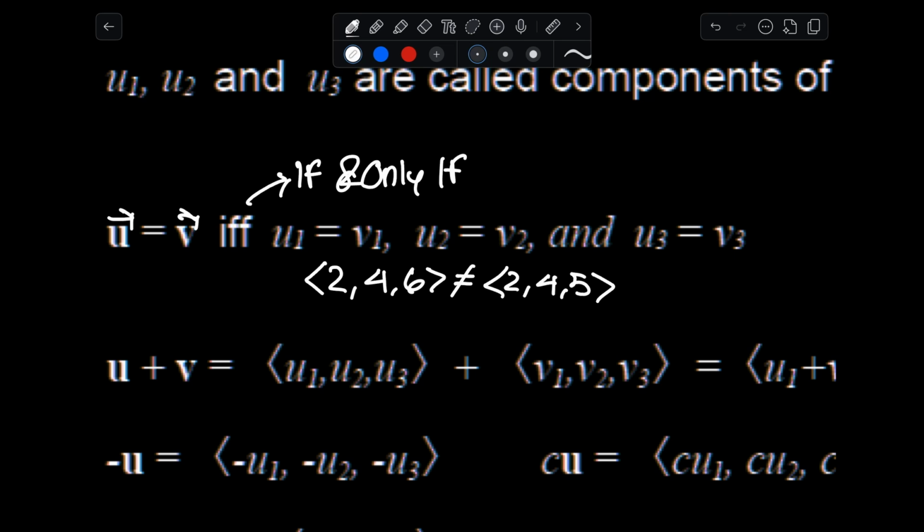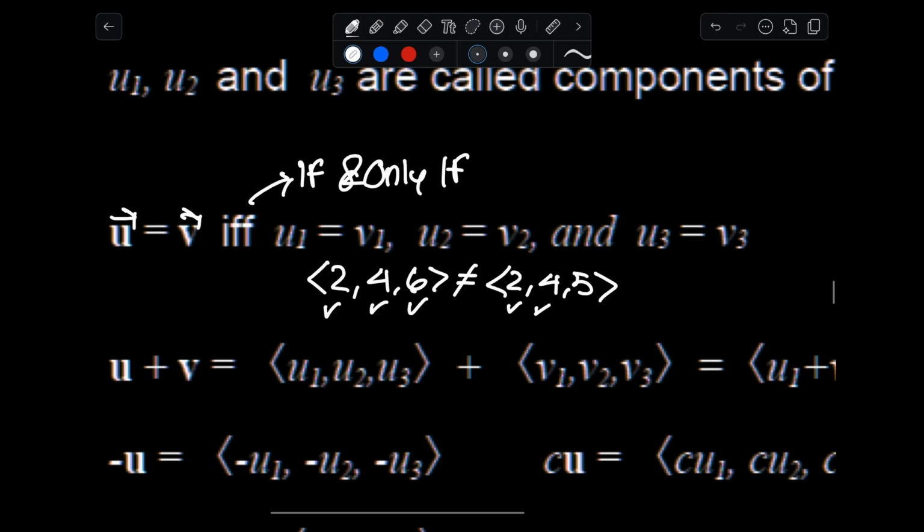So let's see. u1 equals v1, true. u2 equals v2, true. But u3 does not equal v3. So then, therefore, we cannot say that these two vectors are equal, right?